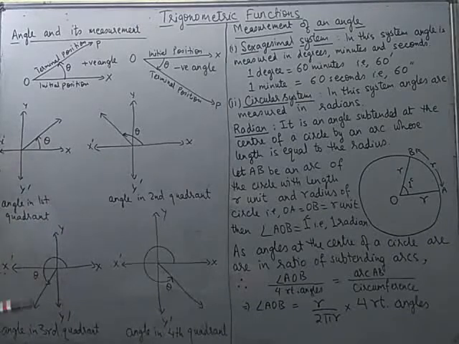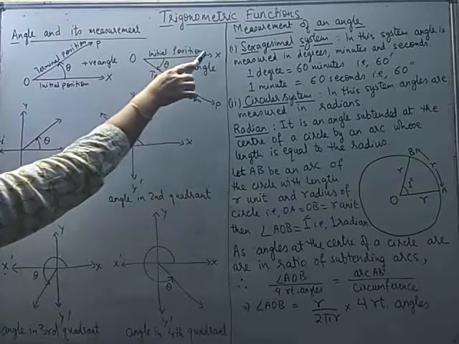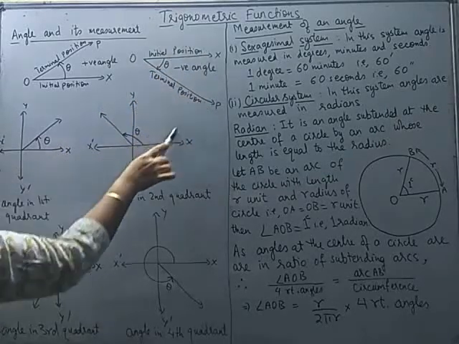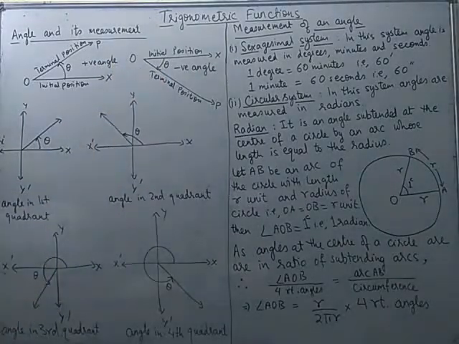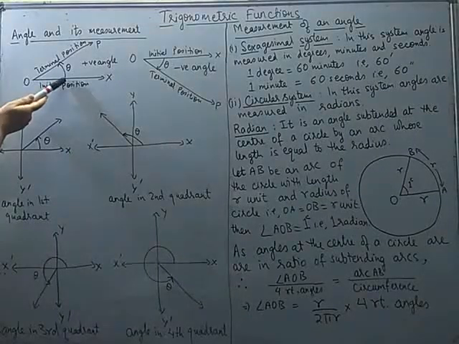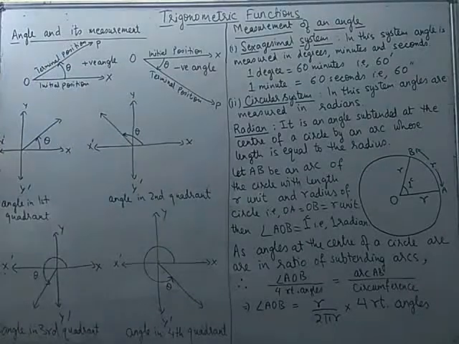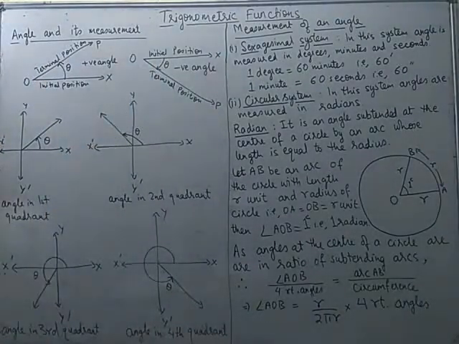But if we go in the reverse direction, like if this is the initial position and the position changes to OP in the clockwise direction, then that means you are measuring the angle in the opposite direction. So the angles are termed as negative angles. Like it may happen that the angle swept here is 45 degrees anti-clockwise and this is 45 degrees clockwise.